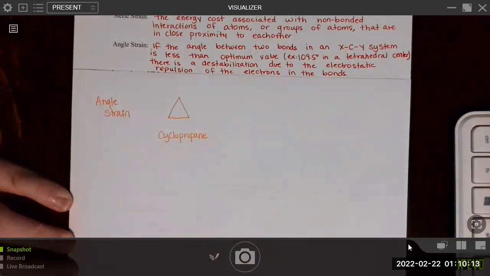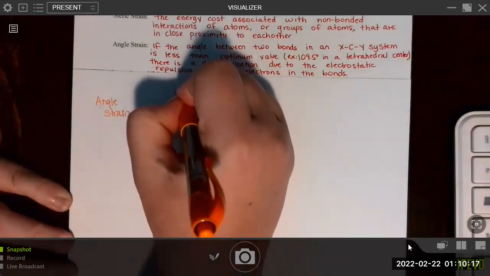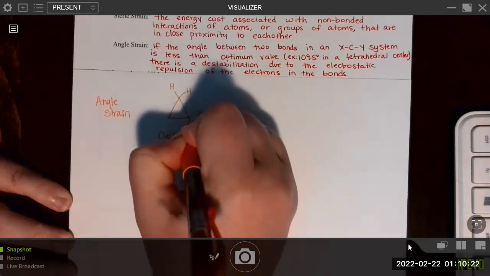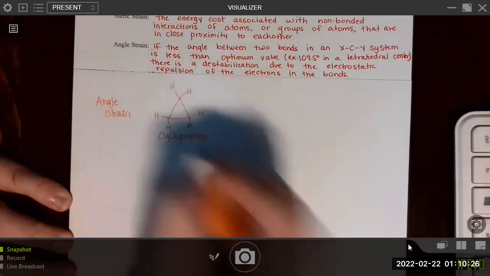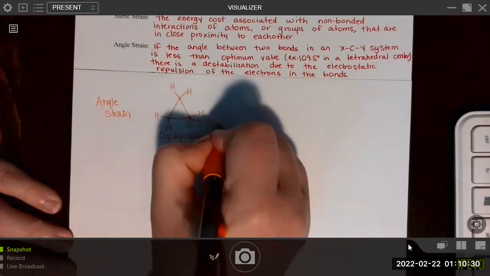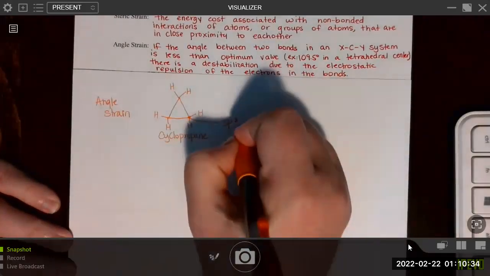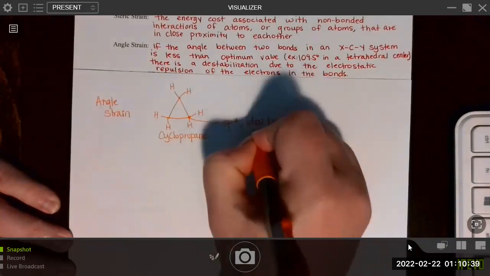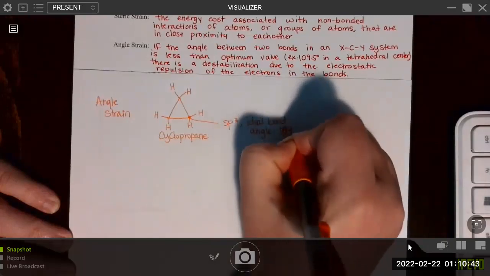And if you think about cyclopropane, each one of these carbons has 2 hydrogens attached to it, as well as the 2 bonds that it's making to the other carbons. And so each one of these carbons is sp3, so it has an ideal bond angle of, of course, 109.5 degrees.